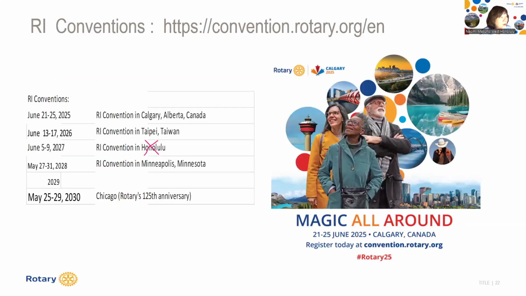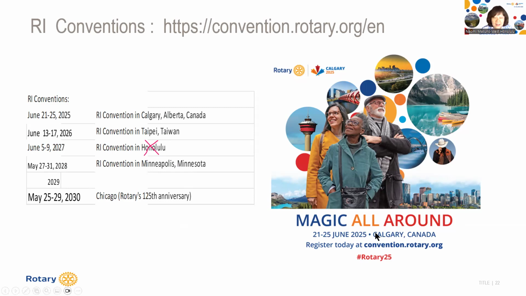Okay. You can also find out what's going on with conventions. It's conventions.rotary.org, and it tells you when the conventions are. And here are the upcoming ones. So there's Calgary coming up in June, Taipei in 2026.